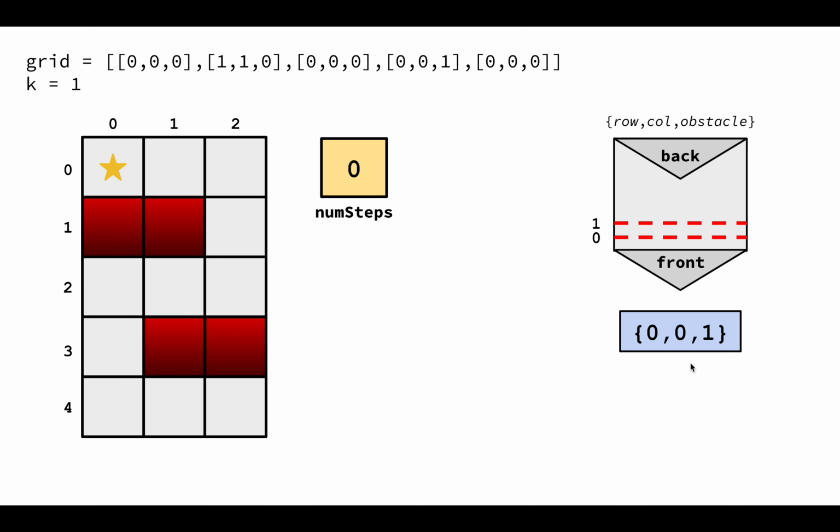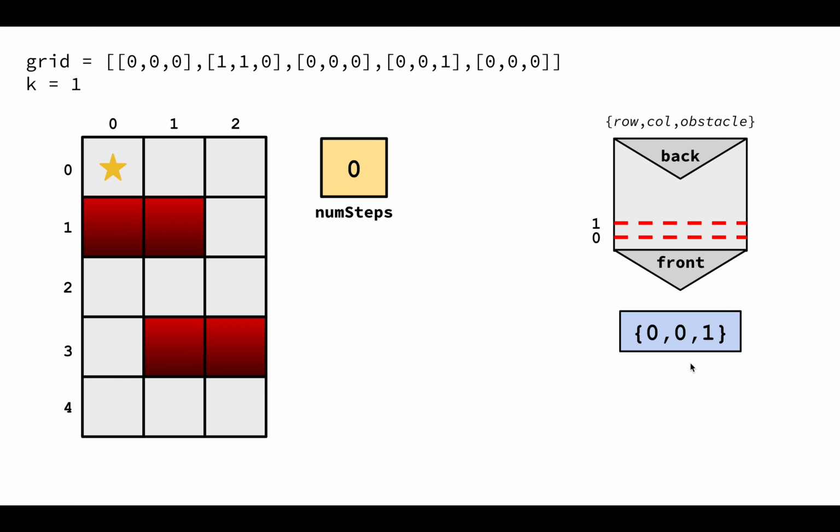You can think of this as a credit or a balance of 1 obstacle that we can still eliminate. So if we look here, we see we have 1, and that means that this location is indeed valid because we have a balance of 1 obstacle elimination, and therefore we could indeed remove this obstacle and walk down.